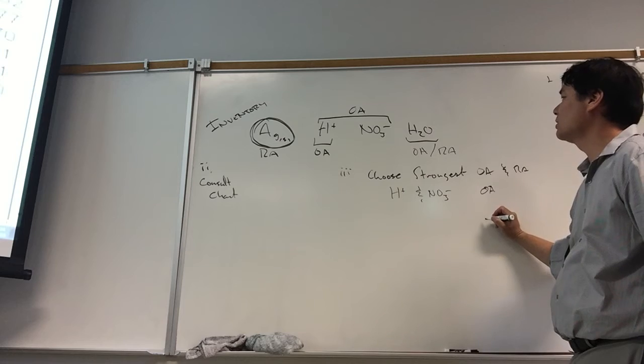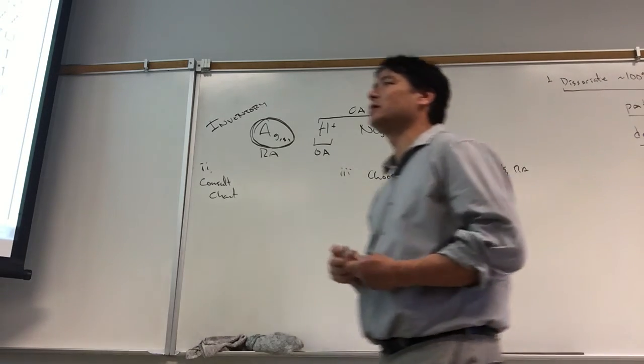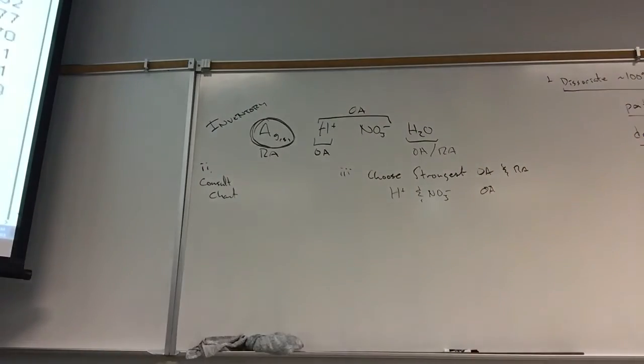And then we pick our strongest reducer. We have 2 reducers present. And so what's the strongest reducer on the chart? I asked you to memorize it. 2 anchor points, right? Have you memorized it? Lithium, good.